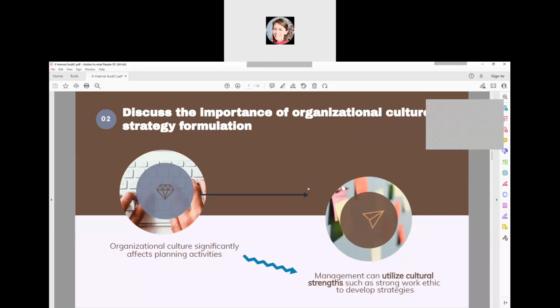Here, management utilizes the cultural strength of the organization, such as strong work ethics, to develop their strategies. So this is the relationship of organizational culture and strategy, and its importance in the organization.